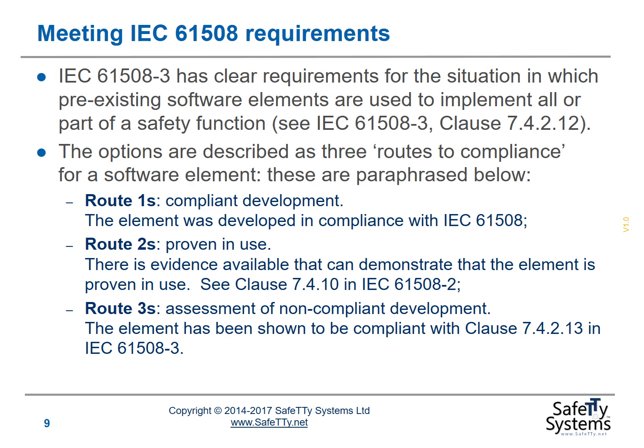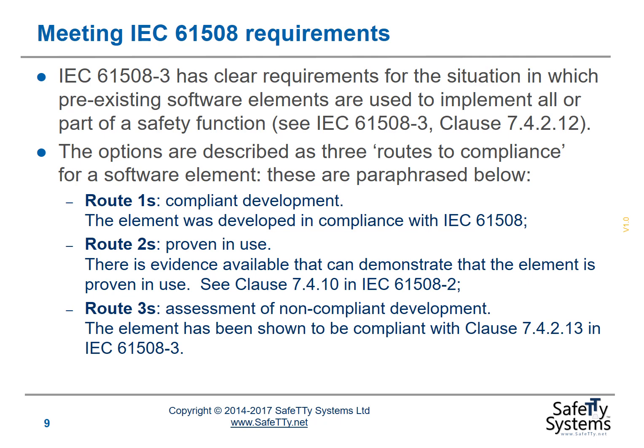This means that there's evidence available that can demonstrate that the element is proven in use. This is defined in clause 7.4.10 in IEC 61508 Part 2. Route 3S is assessment of non-compliant development, in which case the element has been shown to be compliant with clause 7.4.2.13 in IEC 61508 Part 3.